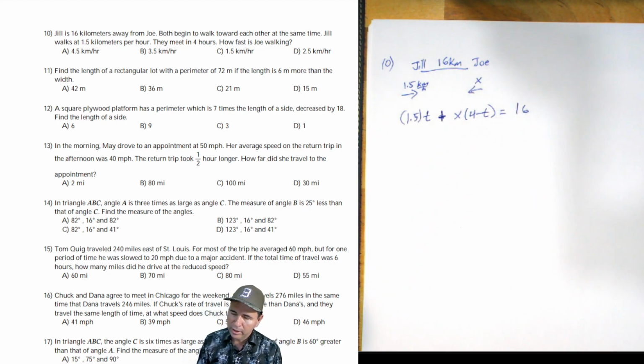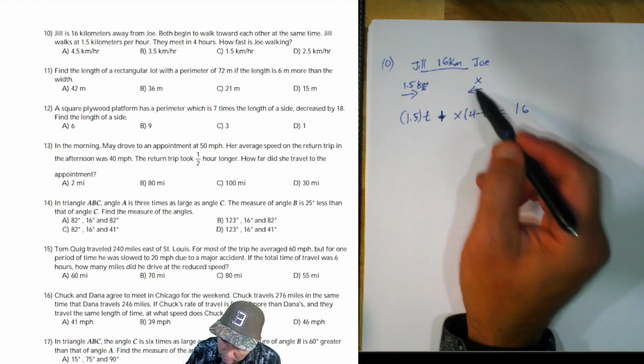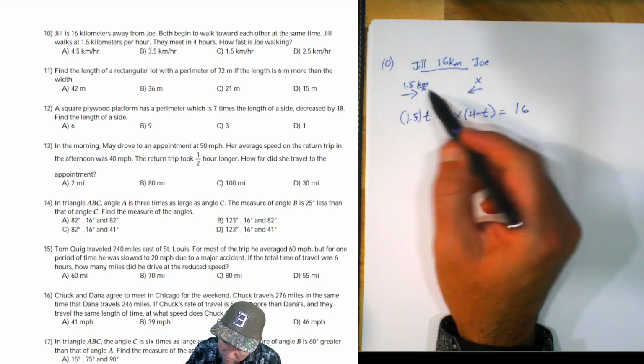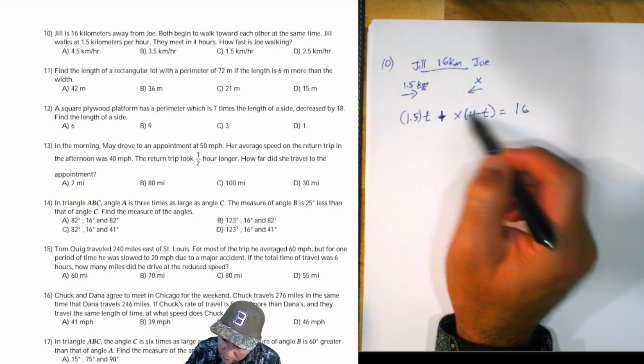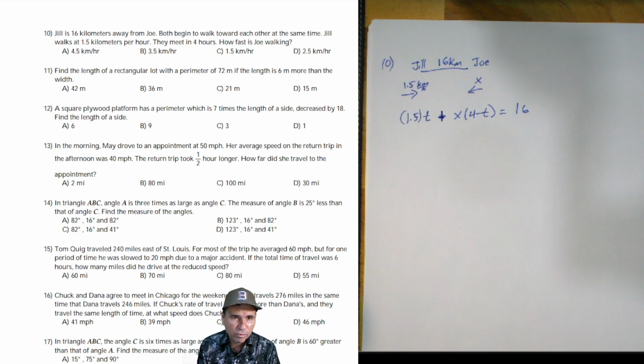Notice that we have two different variables, so this needs some more work, right? We do know that they walk towards each other and their total distance has to equal 16. So in order for them to meet, right, they have to cover that distance. Jill walks 1.5 kilometers per hour. How fast is Joe walking?